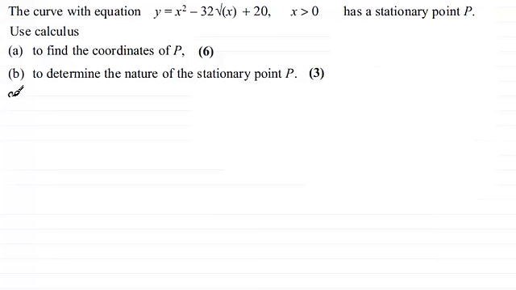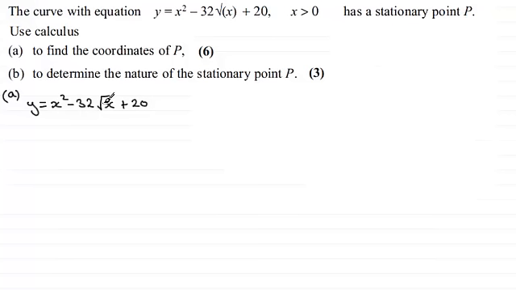Well, for part A then, let's just copy down the question. We've got that y equals x squared then minus 32 multiplied by the root of x and then plus 20. Now to get stationary points, I need to differentiate this and set the gradient equal to 0 and then work out what the value of x is that gives us that gradient of 0.